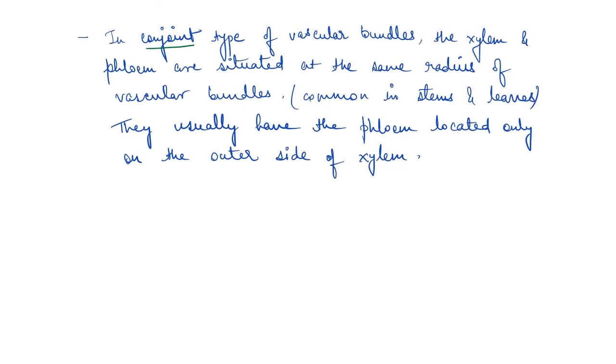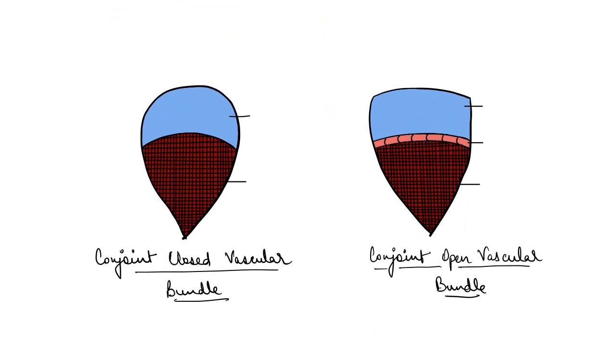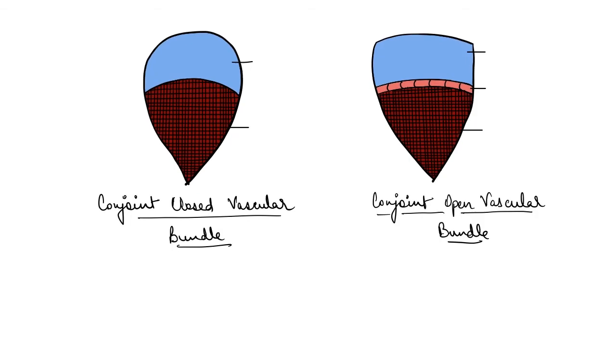These conjoint vascular bundles usually have the phloem located only on the outer side of xylem. So if you see here, these are basically conjoint vascular bundles. This is the closed one. Why is it closed? Because there is no cambium present. These are in the case of monocots. Here we have cambium present. That is why this is a conjoint open vascular bundle.